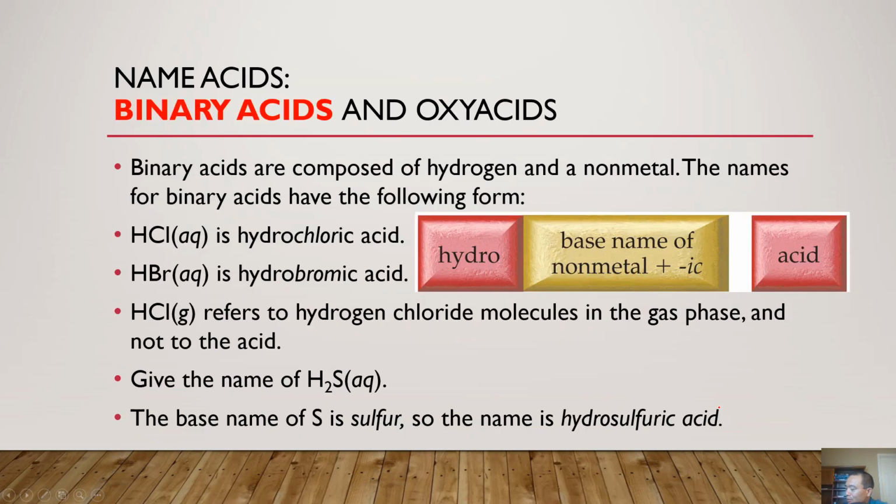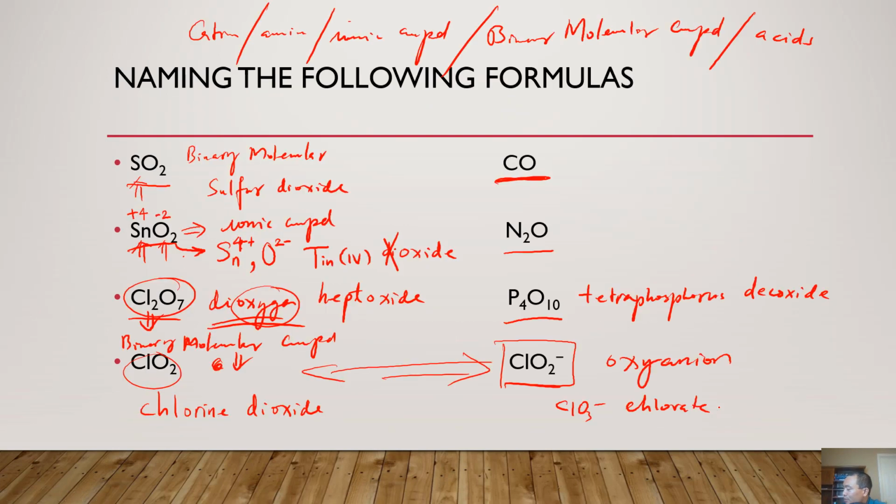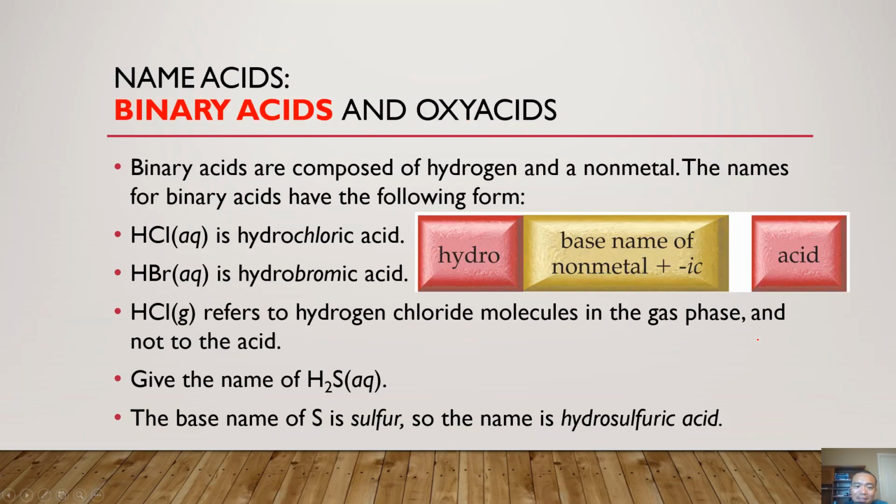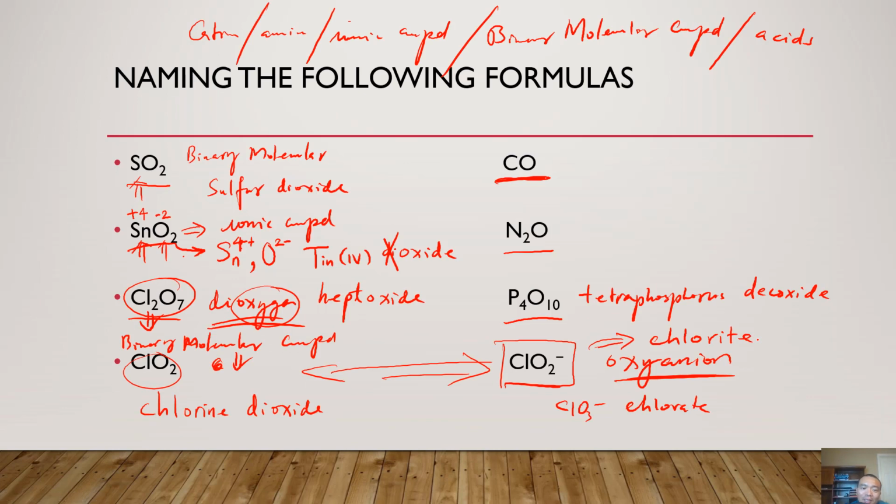So this is chlorite. This oxyanion is named chlorite because it has one less oxygen than the ATE ending. Hopefully this will clarify some of the mistakes you might have.